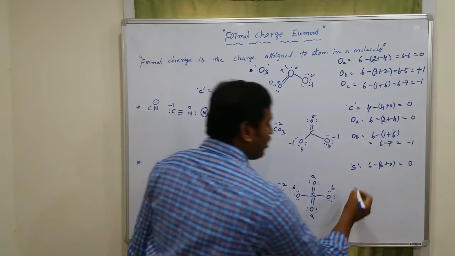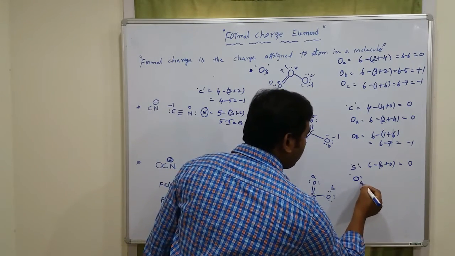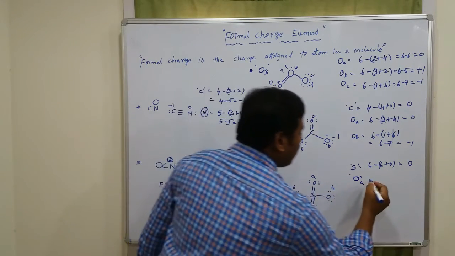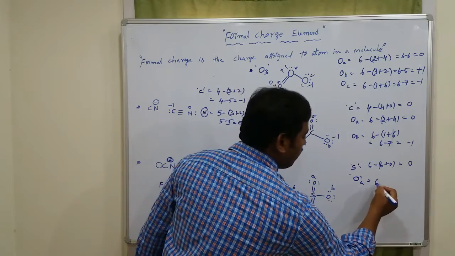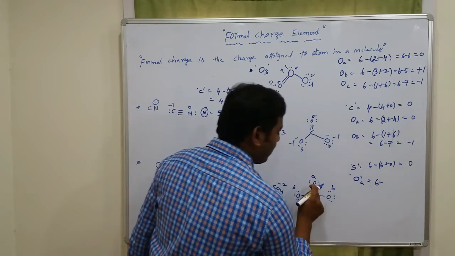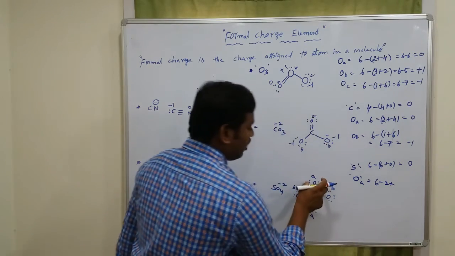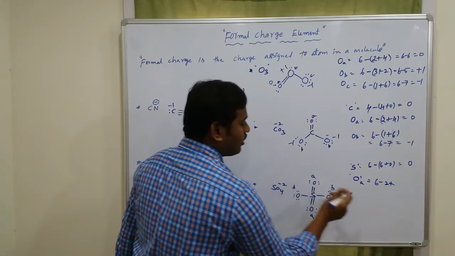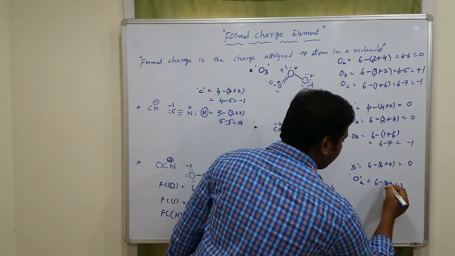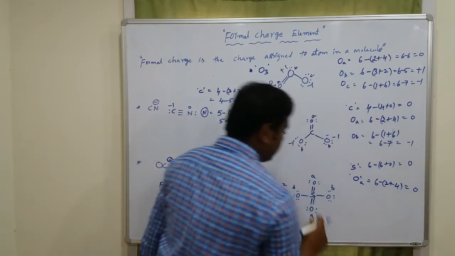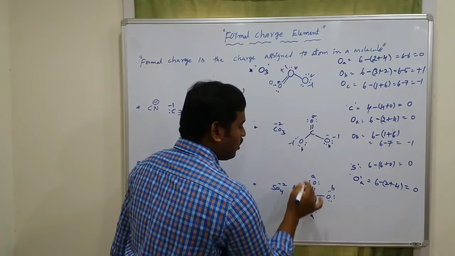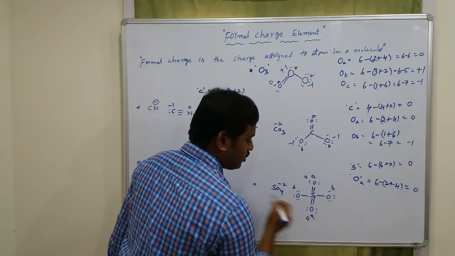Now let us see oxygen A. Oxygen belongs to group 6. Around the oxygen atom it has 2 bonds plus 4 electrons. So it is 0. So the A oxygen atoms carry 0 charge.